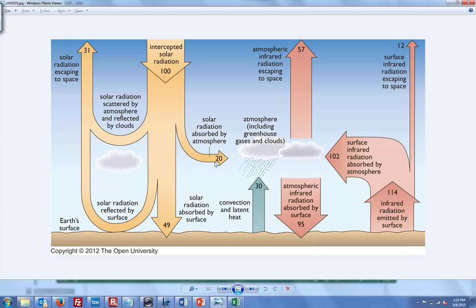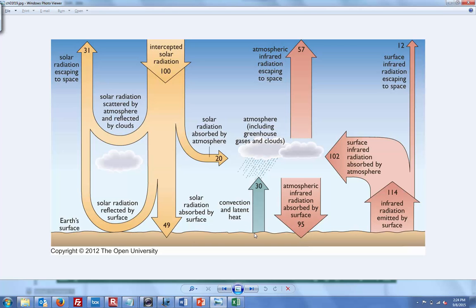Now, where does the heat go? So of this energy that's kind of here in the atmosphere, again, that matter radiates as well. Some of it radiates back into space, some of it kind of bounces around and has a second chance and gets absorbed by the surface of the Earth.